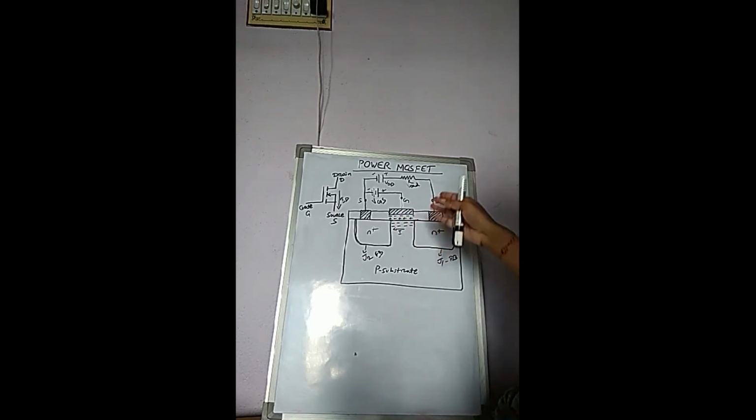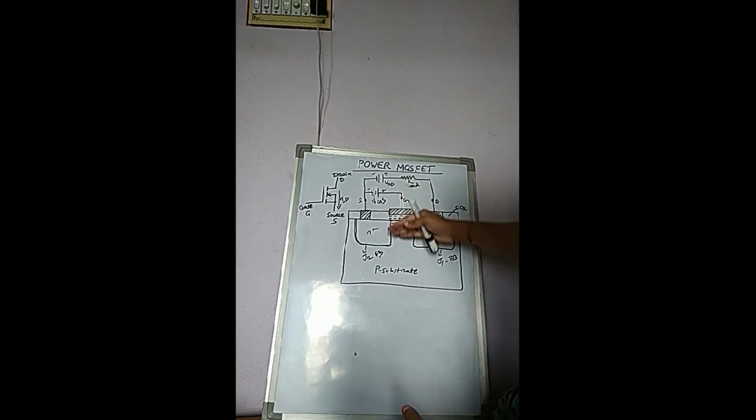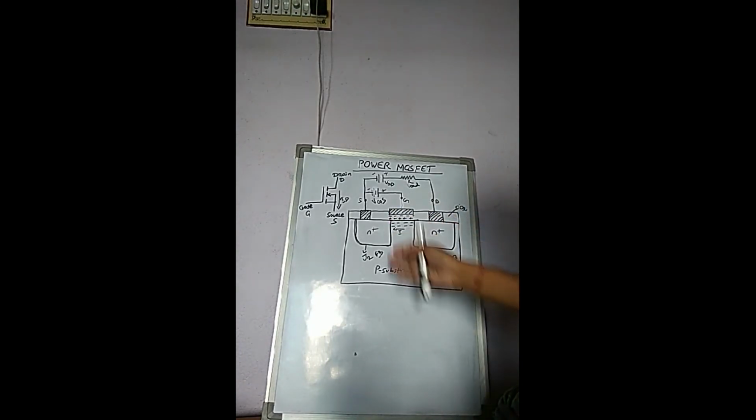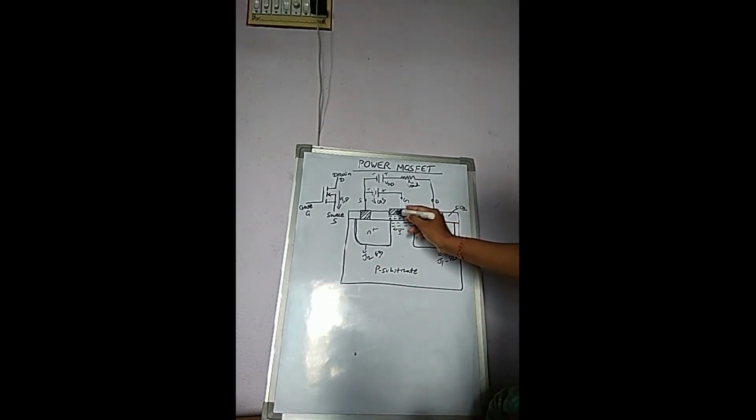This induced negative charge in the P substrate below the SiO2 layer is electrons, and it forms an N channel, and current can flow from drain to source. Once the electric field is developed after applying the gate source voltage, induced charges are developed in the P substrate layer just below the SiO2 layer.